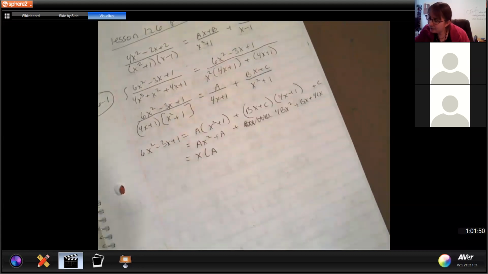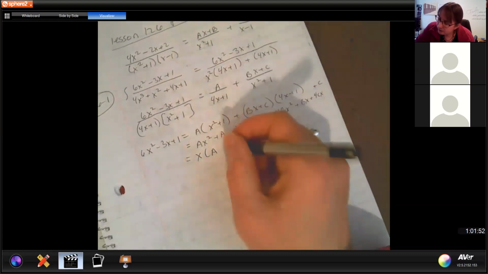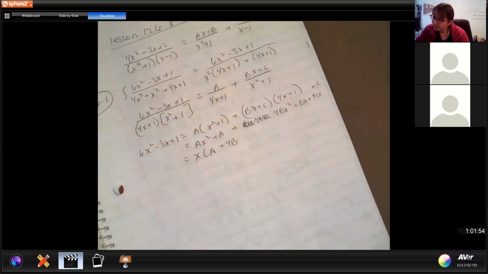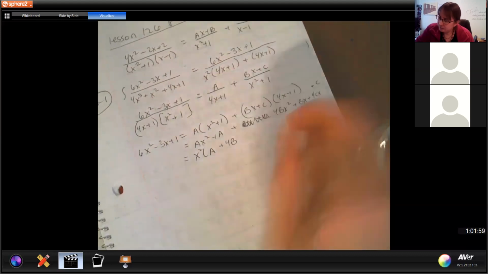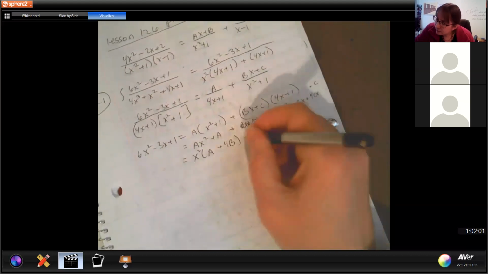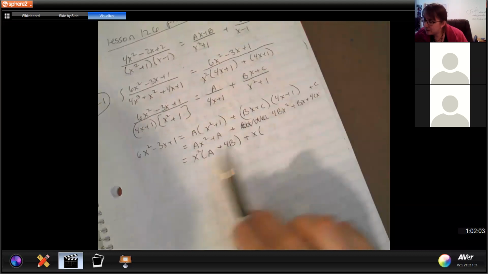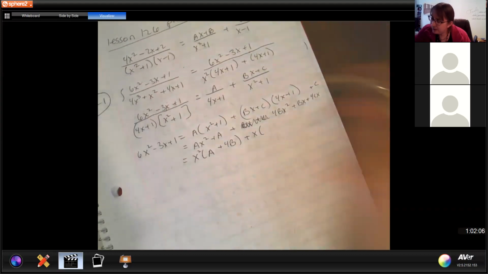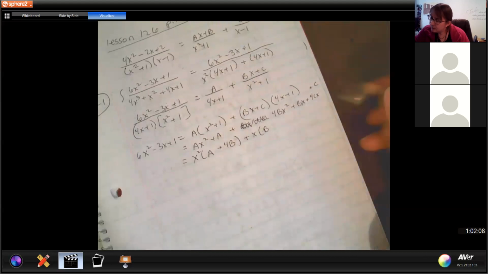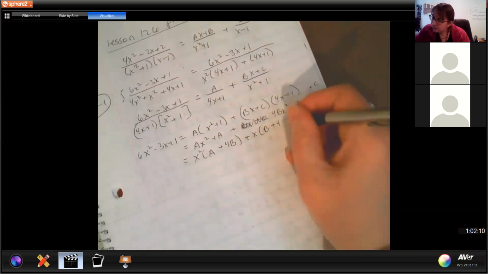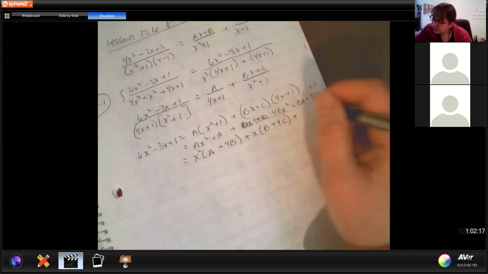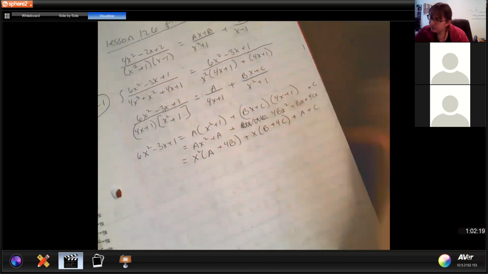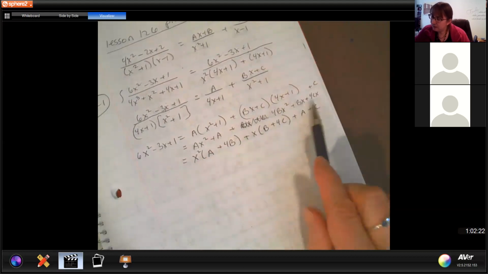So I got an A and a 4B for my x squared. And what do I got for my x's? I've got a B and a 4C. And then my constants, I've got an A and a C. Is that the only constants? Yeah.